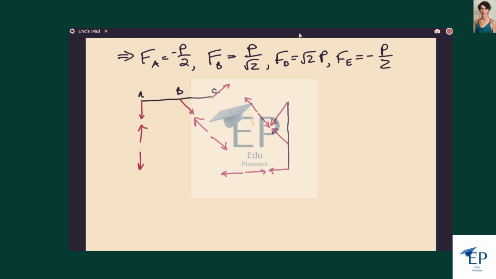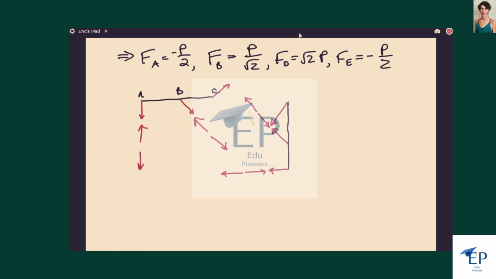Okay, that makes a little bit of sense. And so FD was positive this way. It is a positive value, so this member here is in tension, and I think that makes some sense.